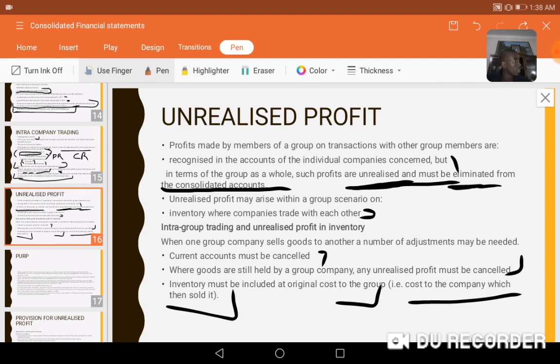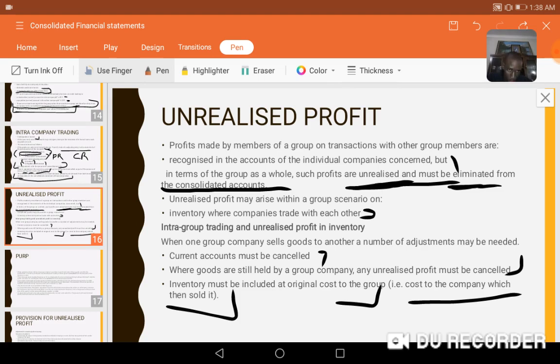I mean, if, for example, let me say a parent bought goods from an outsider at a cost of 50 and sold them to the subsidiary with a profit of 10, therefore selling them at a price of 60.